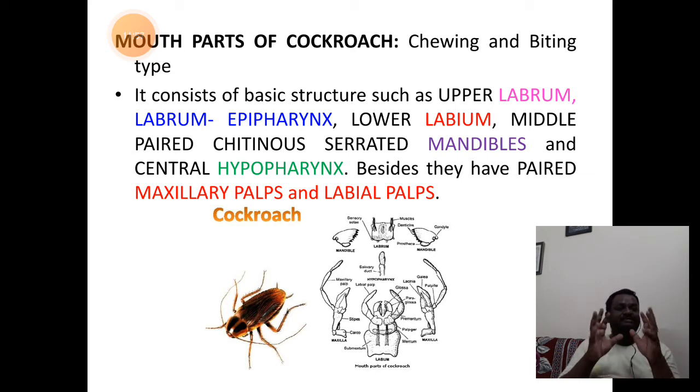So these 6 parts of the mouth relate to the basic or fundamental parts of the mouth of any insect.